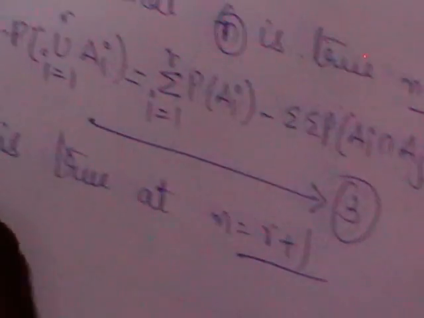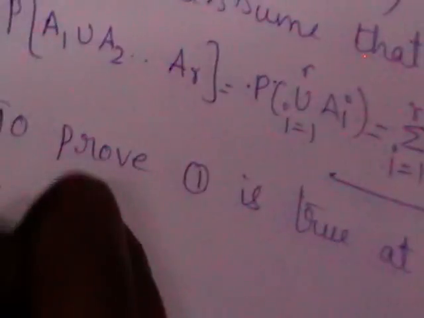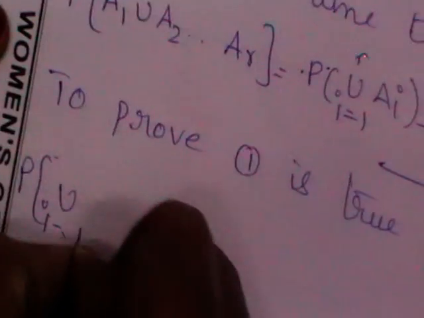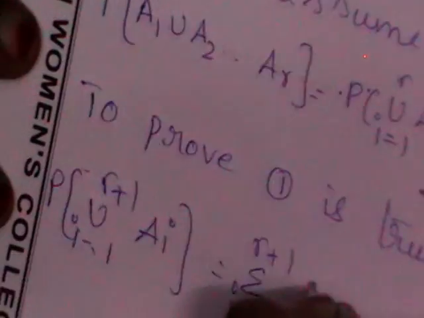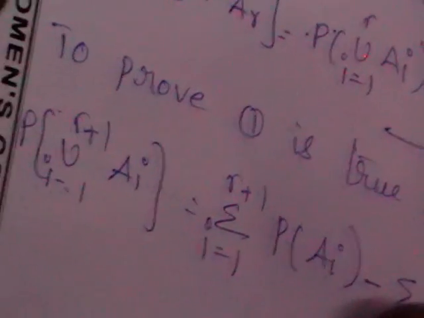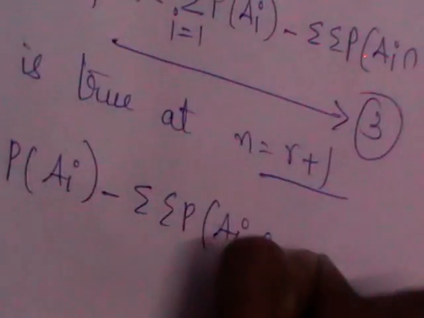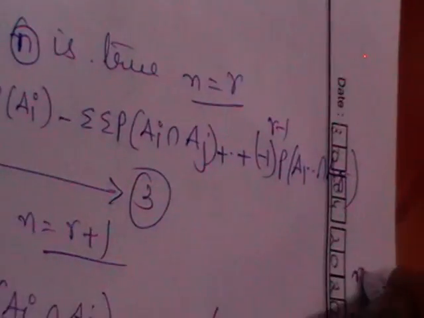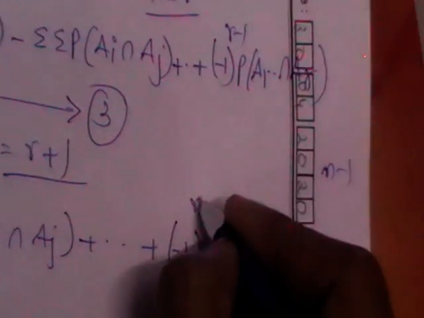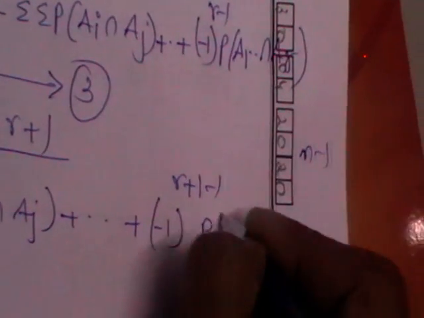So if you put n is equal to r plus 1 in the given statement, then you will get P of union i is equal to 1 to r plus 1, Ai is equal to sigma i is equal to 1 to r plus 1, P of Ai minus double summation P of Ai intersection Aj plus so on, plus minus 1. Here if you have n minus 1, if you put r plus 1, you will get this.